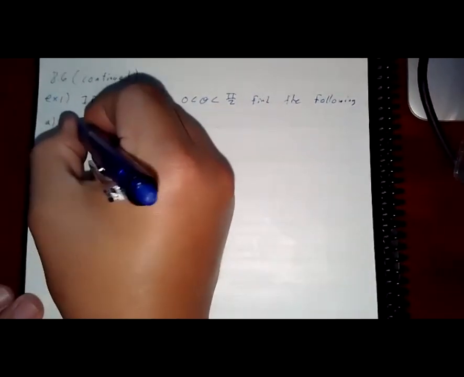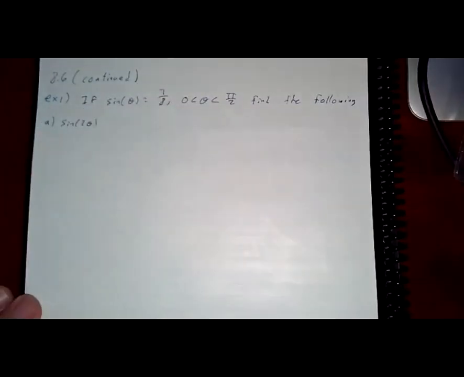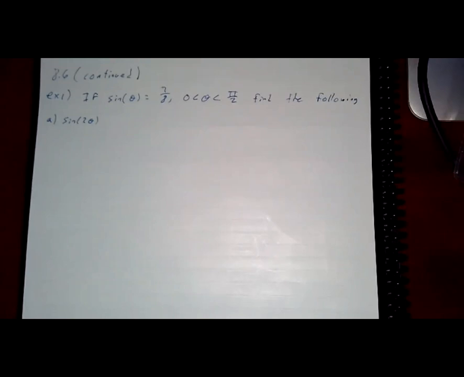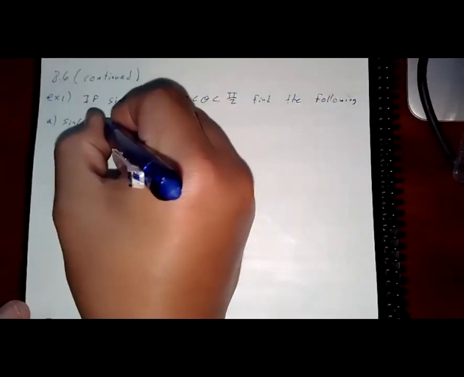Find the double angle of sine, or in other words, sine 2 theta. So technically you could use the sum of angles and change it to sine plus sine, but that wouldn't be any fun. That would be a lot more work. So use the double angle formulas.